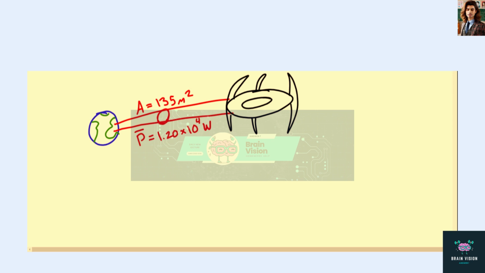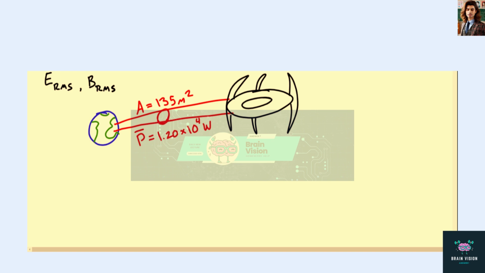And so knowing what that average power is and the area, what we're trying to find is the ERMS and the BRMS. So that's the root mean square values of the electric field and the magnetic field.